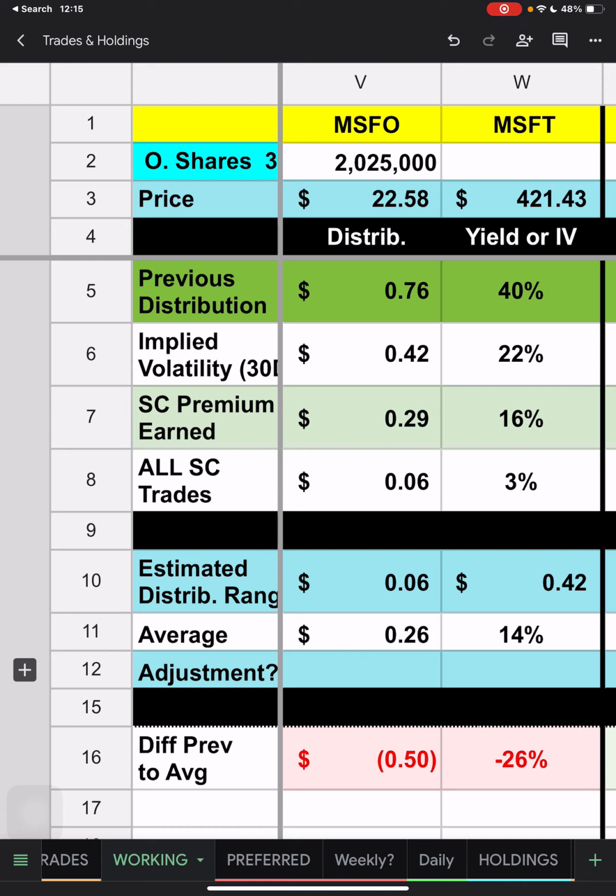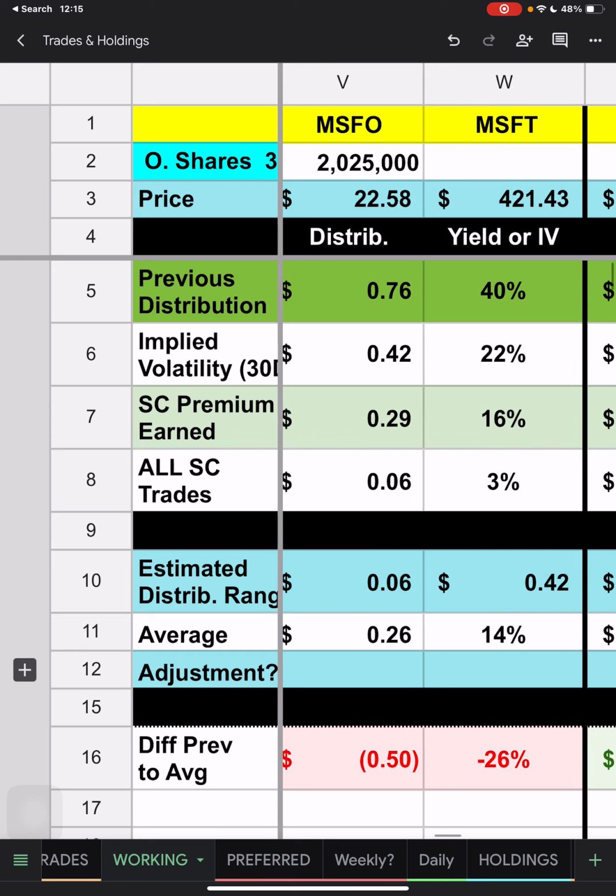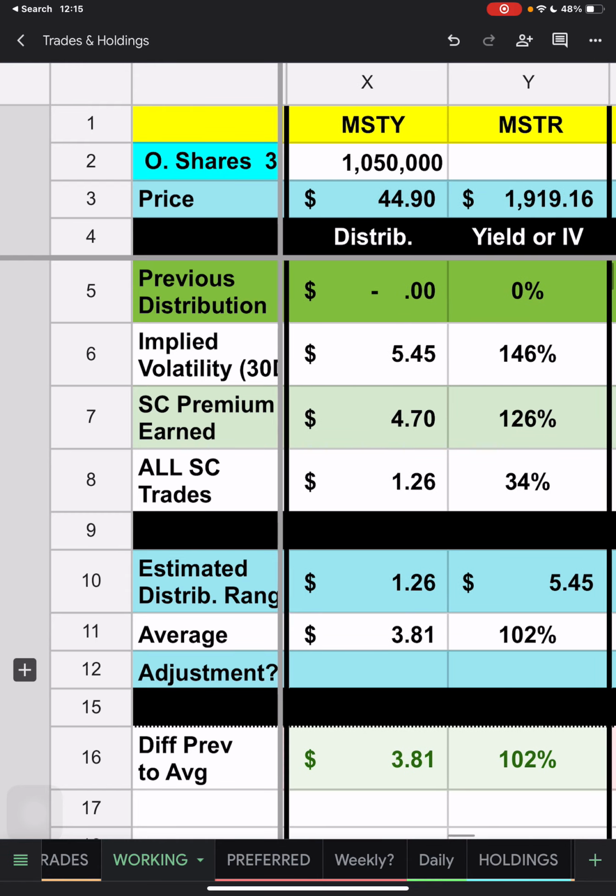So it's like we were low, middle, high, low, middle, high. Looking at this, this is probably going to be a low one, and it would go with that pattern. Not to say that that's how that works, but that's really what it's looking like right now. But I don't know, maybe 30 to 35 cents there for MSFO, which would be cutting the distribution in half from last month, if so.